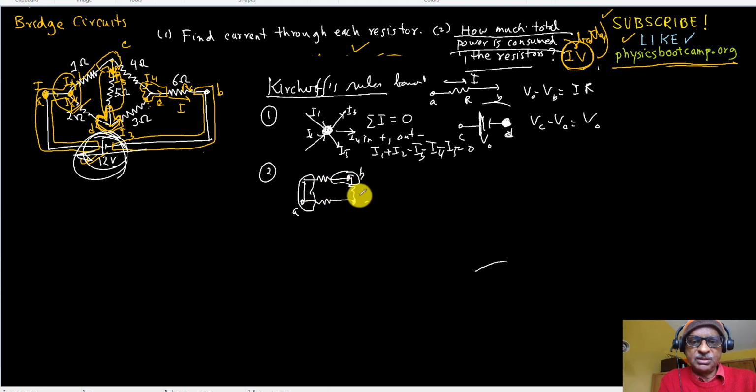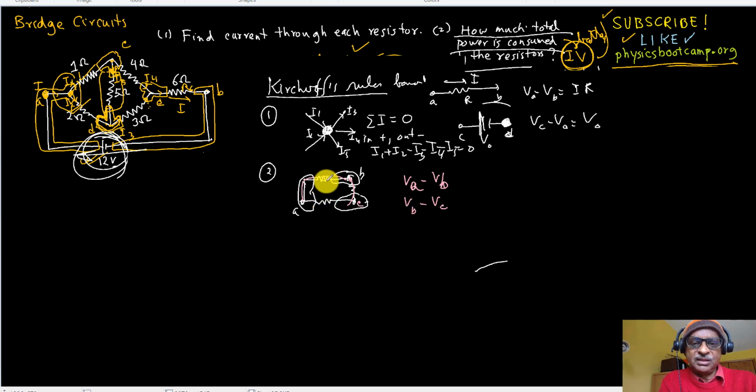If I go around, going from here to here changes VB minus VA, and then going from here to here changes VB minus VA, or you can say VA minus VB if you like, and then I'm going in the same direction, I'm going VB minus VC.